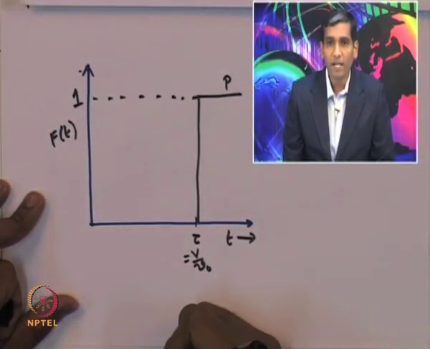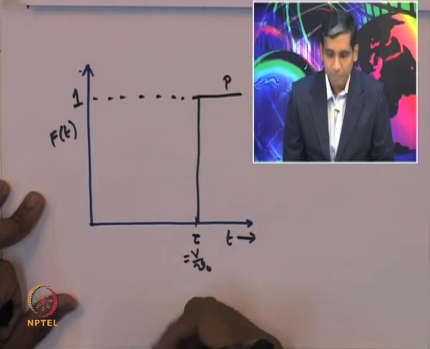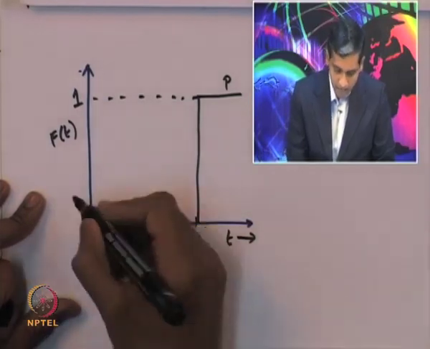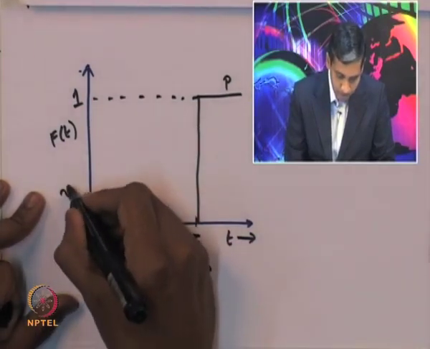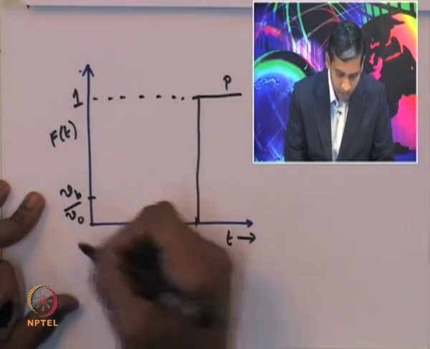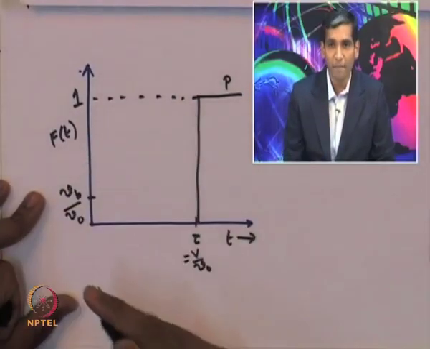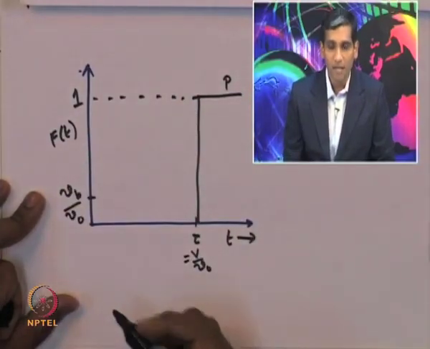Now, suppose there is a bypass in the reactor, then there will be a jump in the F curve. The jump will start at V b by V naught. So, that tells you the extent of bypass which is present in the reactor.